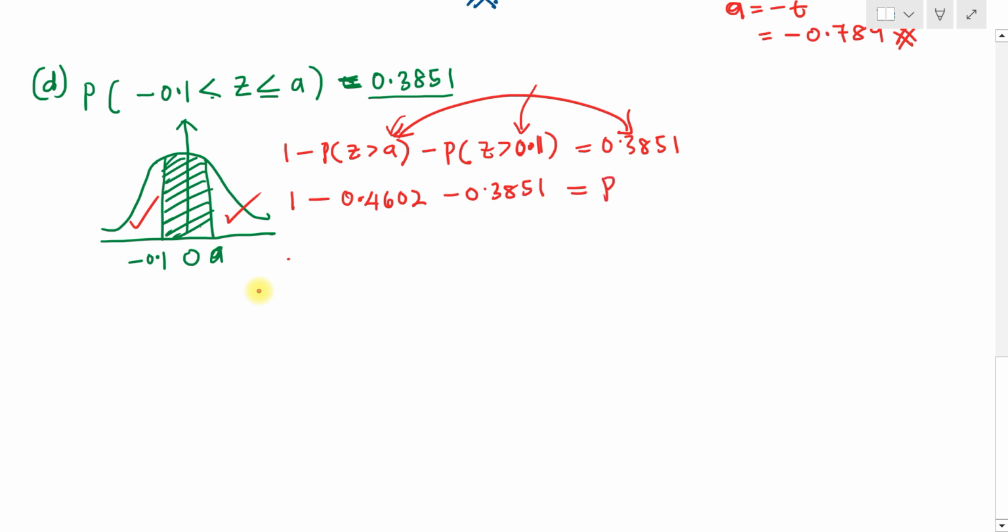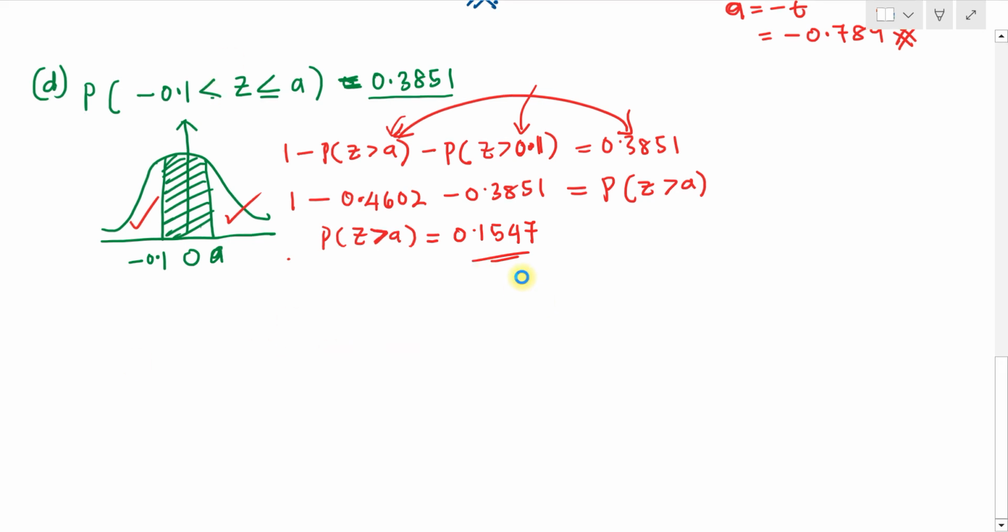The negative probability Z greater than A, pergi sana, probability Z greater than A. Okay, solve this. 1 minus 0.4602 minus 0.3851. So, probability Z greater than A. Nampak? Kalau macam ni, baru kita boleh read from the table. 0.1547. Okay, kita kena cari yang ni lah.